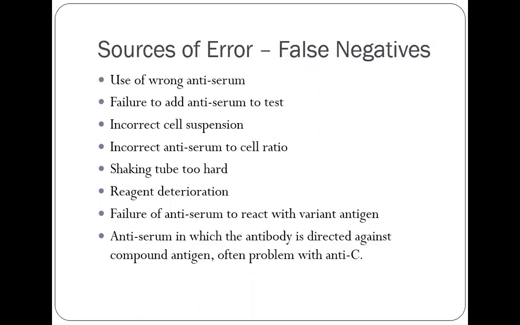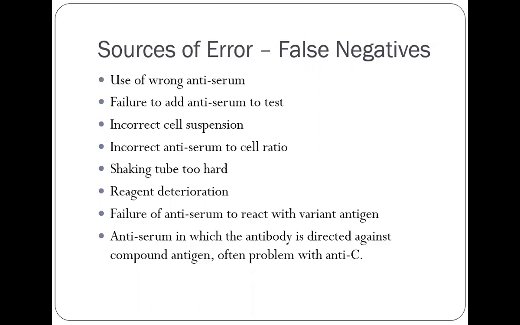You had the incorrect cell to serum ratio, so generally it's just 1 drop of your antisera to 1 drop of your cells that you're antigen typing, but maybe you did that wrong. Perhaps you're shaking the tube too hard, so you're breaking up the agglutinates. That's something we're going to practice when I have you in lab. You don't want to shake it too hard, because then you'll shake all the agglutination away, and you'll call it a negative when really it was positive.